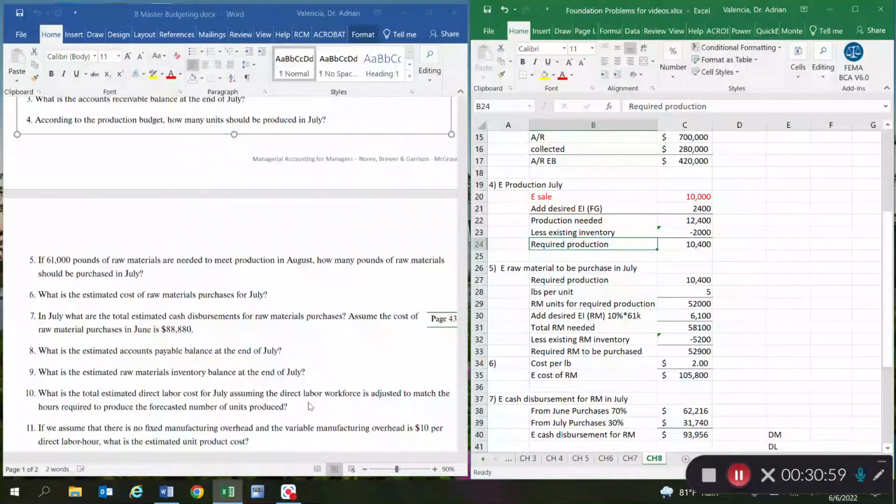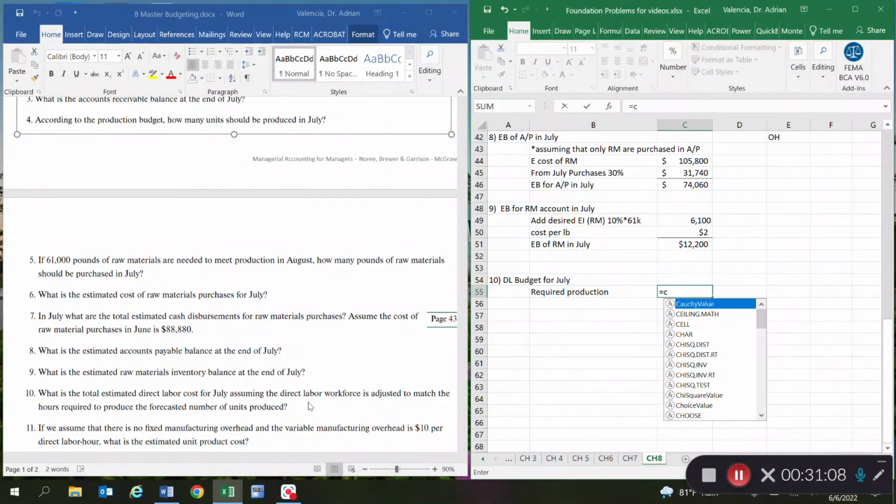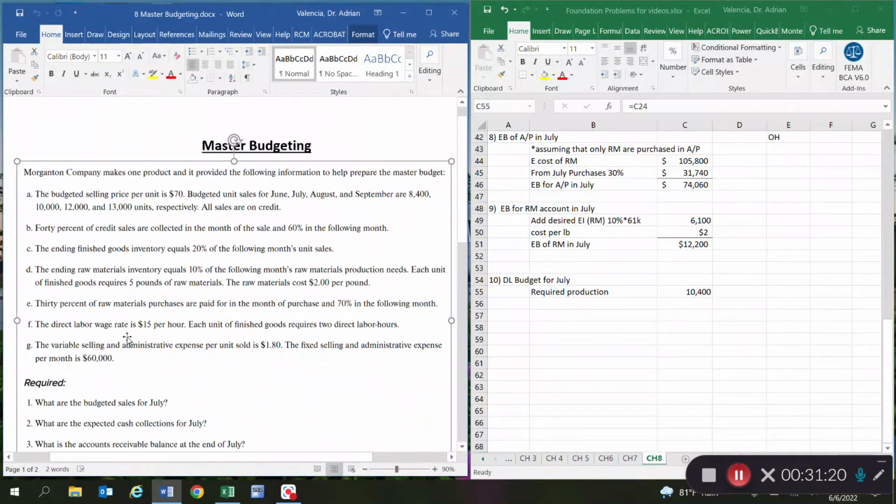So let me copy this. This is B24 and C24. Equals C24. So if I'm expecting to produce 10,400 units, then we need to know how many hours per unit are needed in terms of labor. And they tell us the direct labor wage rate is $15 per hour, and each unit of finished good requires 2 direct labor hours.